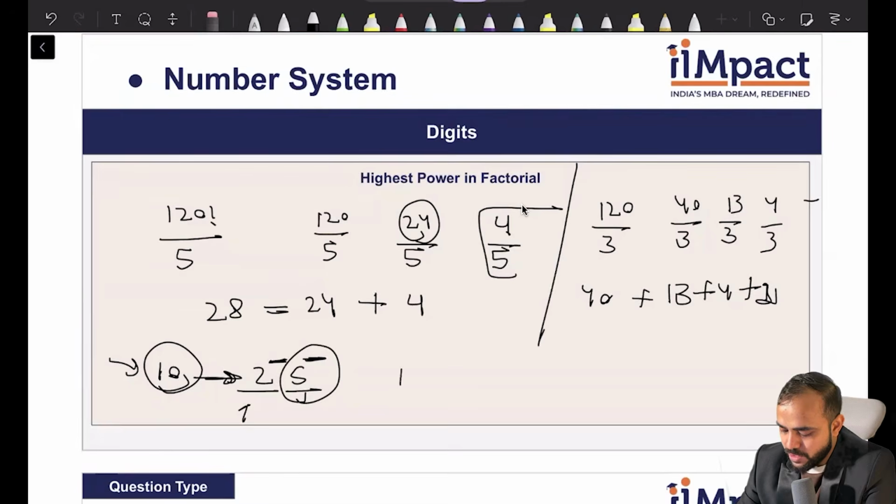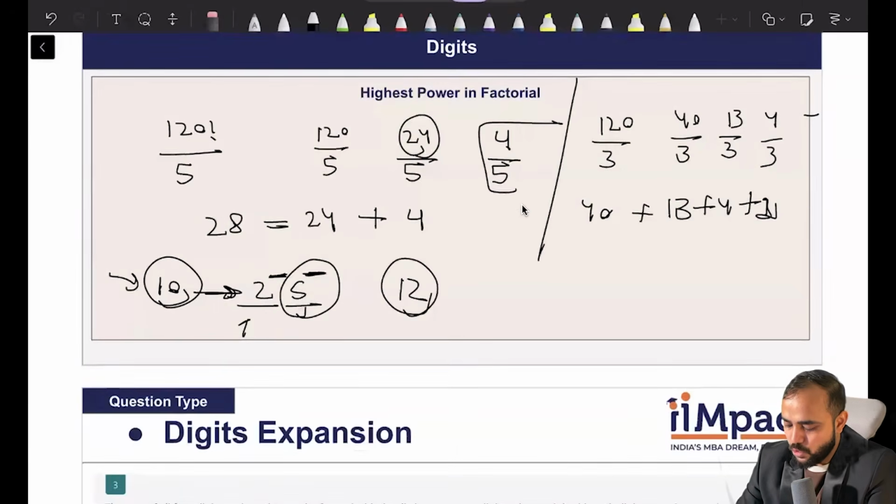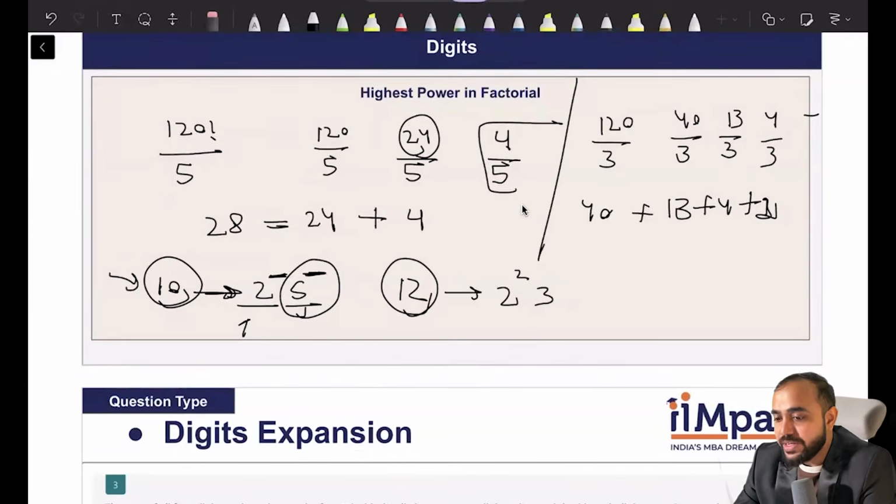What if this situation was asking for 12? Now, 12 is made up of 2 square into 3. Now, technically, the number of powers of 2 in any factorial would be more than the number of powers of 3. 2 will outnumber, but for every one 3, two 2s are getting consumed.